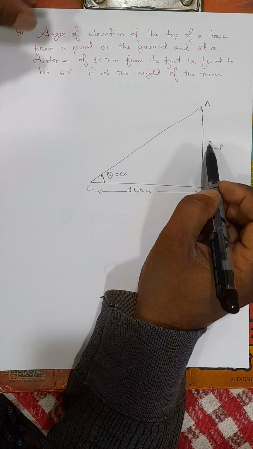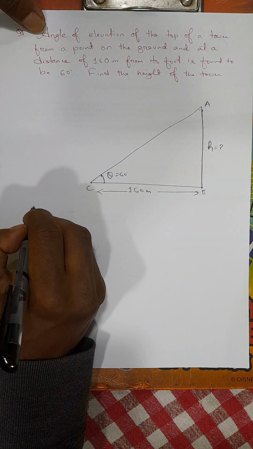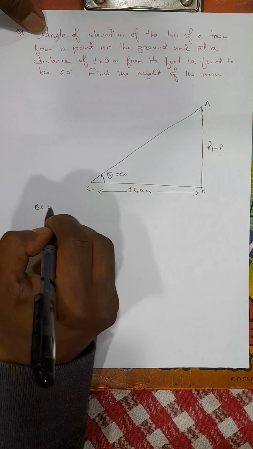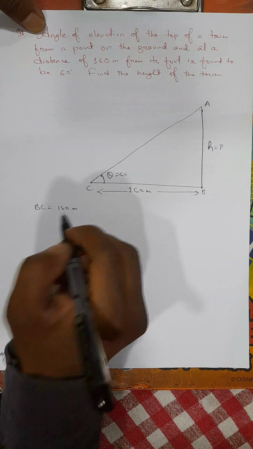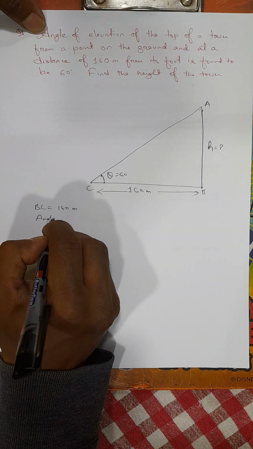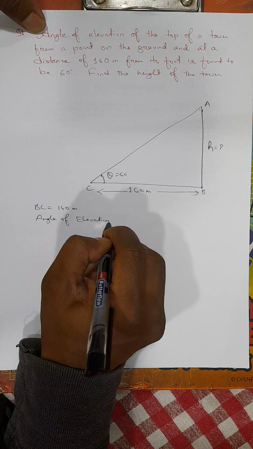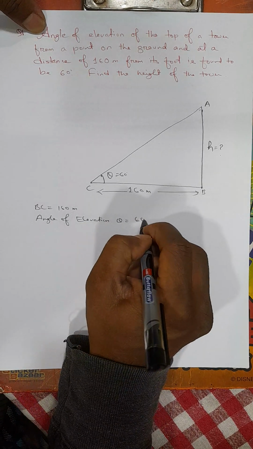Now you have to find the height of the tower, right? So you are given BC equal to 160 meter, and angle of elevation theta equal to 60 degree.